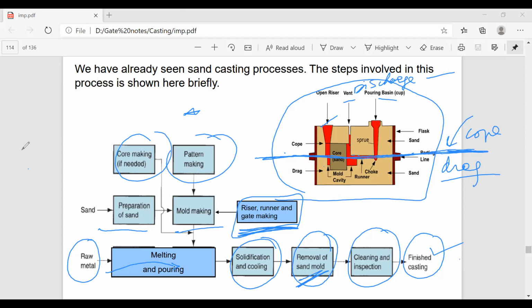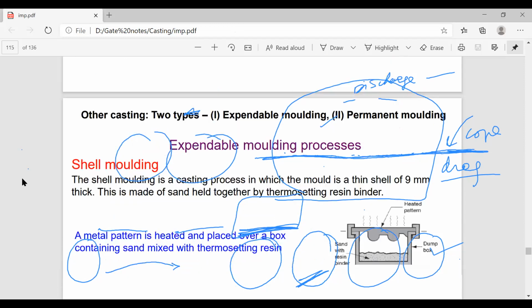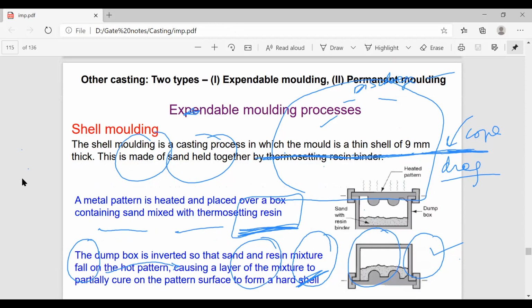Now we'll move to the next page. Now this is the shell molding.